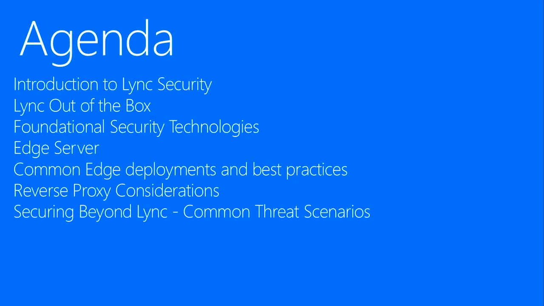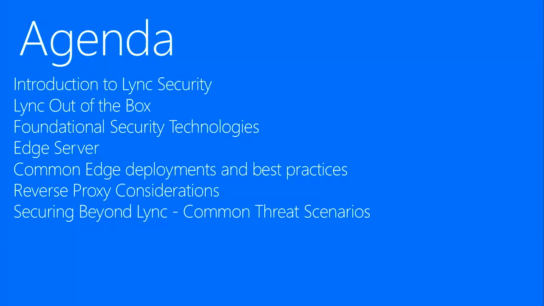We're going to get into the edge server, some of the best practices, and common edge deployments. We're going to go over three: the what, the why, and the where people typically go wrong, especially when they've been moving from one VoIP provider to Lync, and we'll just leave it at that. Also, we're going to get into some reverse proxy considerations.